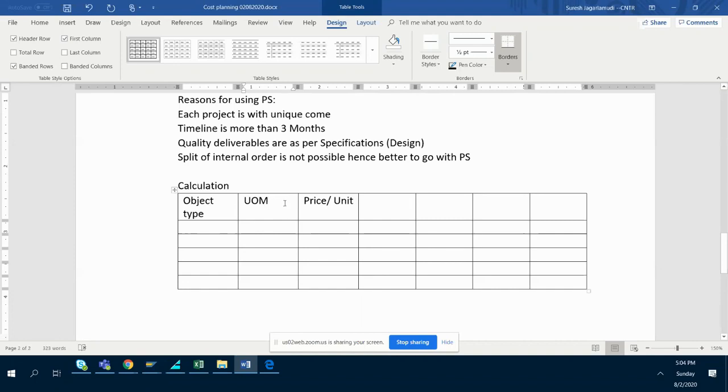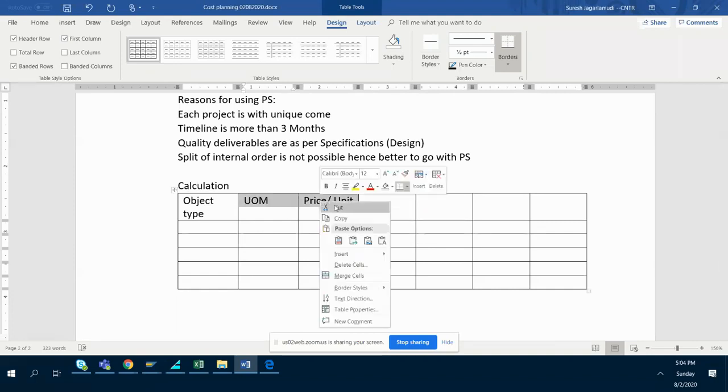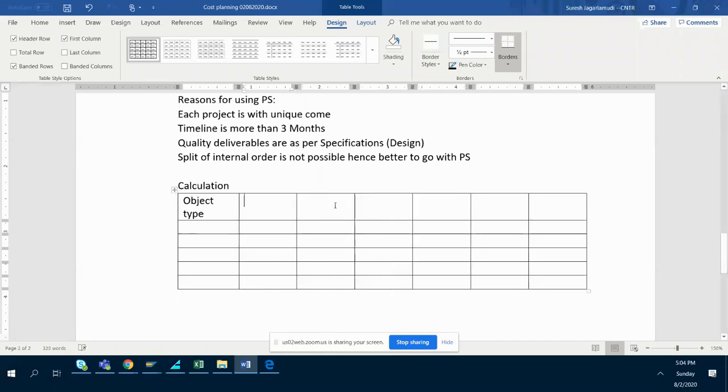This is internal order, external order, like that. If required, we'll delete them.